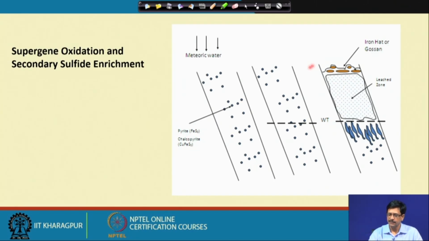What happens here is that the primary pyrite gets oxidized in the presence of water and oxygen and generates a huge amount of sulfuric acid, H2SO4.